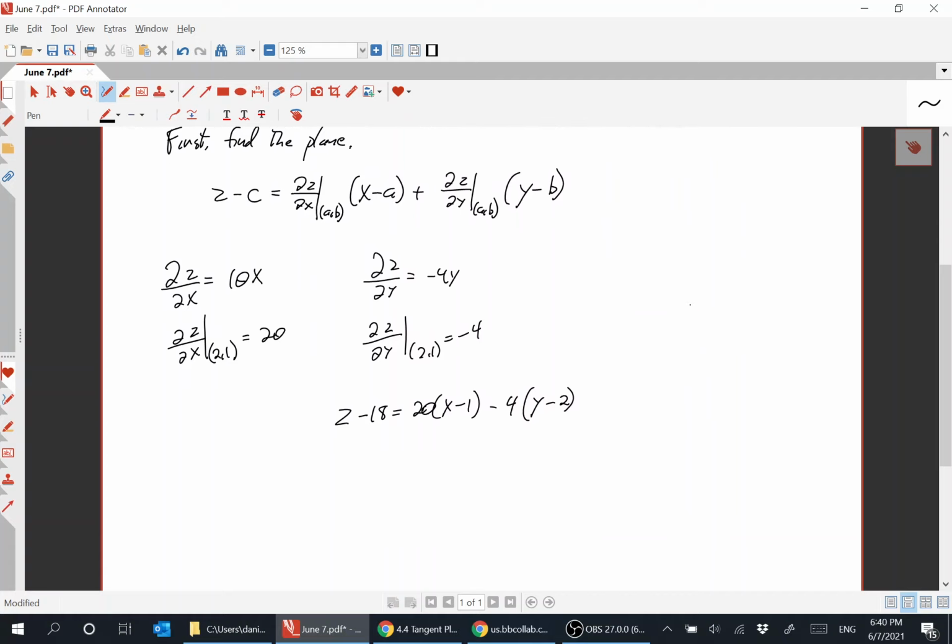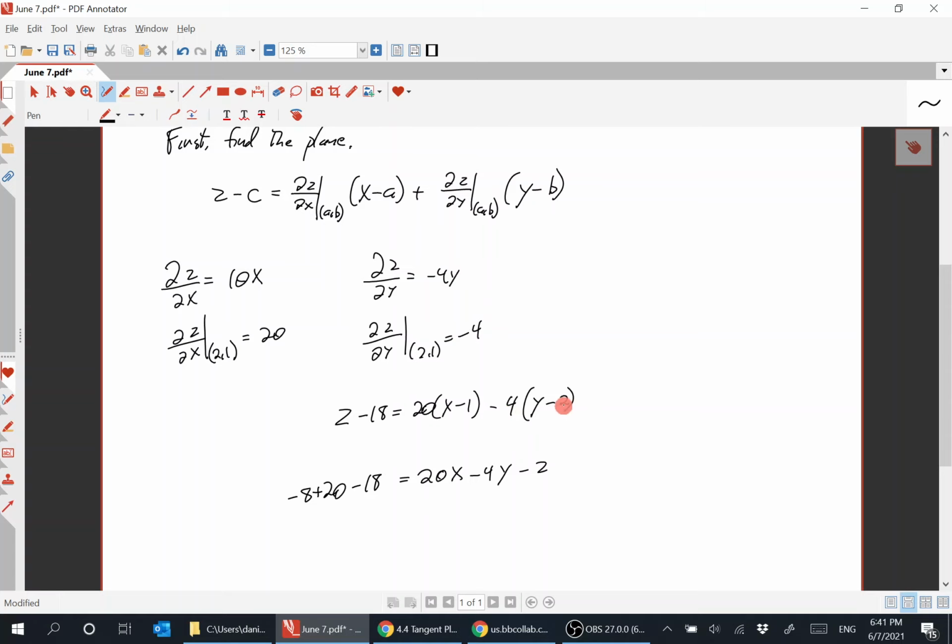So this gives you the equation for the plane in standard form: 20x minus 4y minus z is equal to, so what do we have here? Minus 18 plus 20 minus 8.